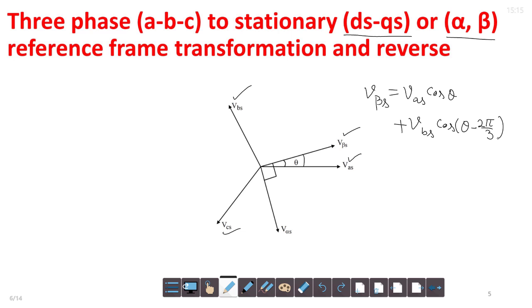And VCS will also contribute to V beta S according to its component. The component of VCS along V beta S is VCS cosine of theta plus 2 pi by 3.